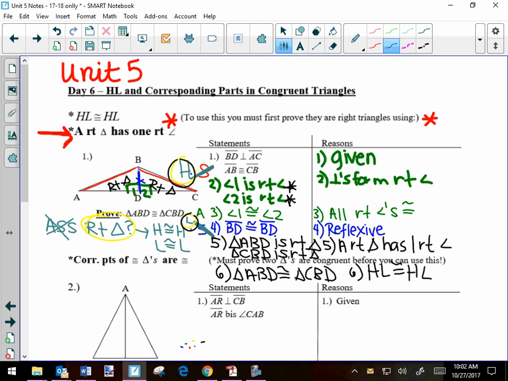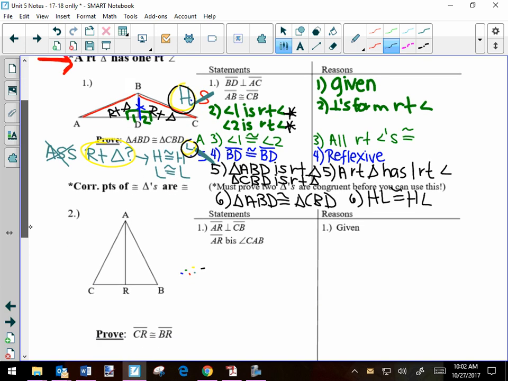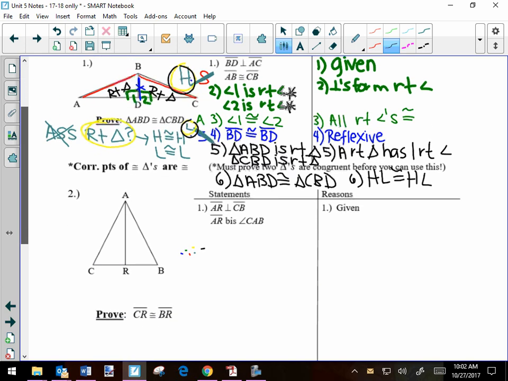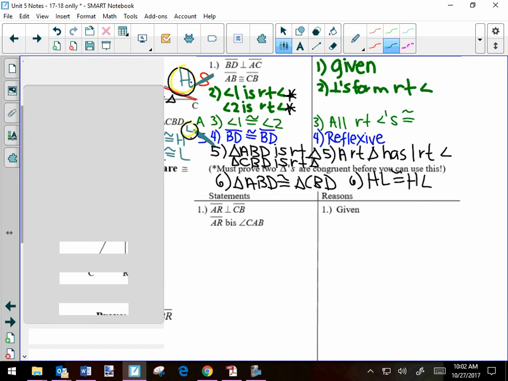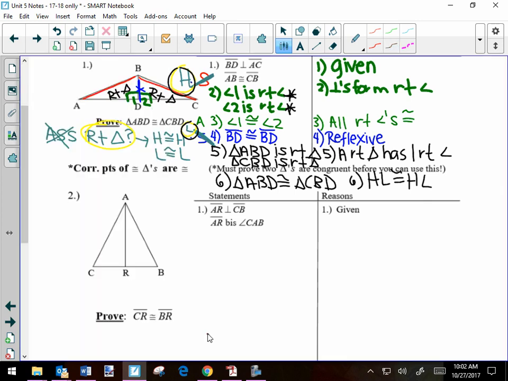In the next example, we have talked about the new reason that we're going to use, but we haven't actually seen it necessarily written down. So in this next example, we are going to be using a reason called corresponding parts of congruent triangles are congruent.